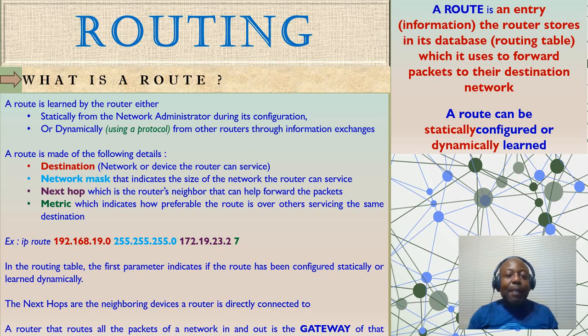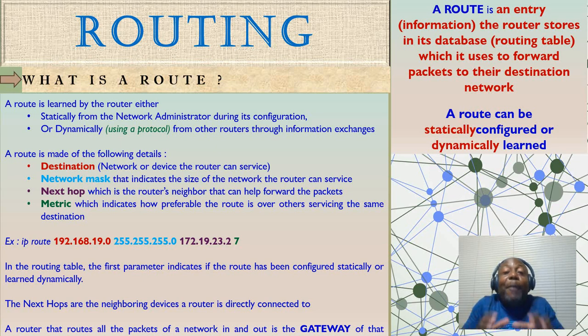And you see an example here to set up a route. We say IP route. We put the network, like 192.168.19.0. We put the network mask, that is 255.255.255.0. And we give the next hop.